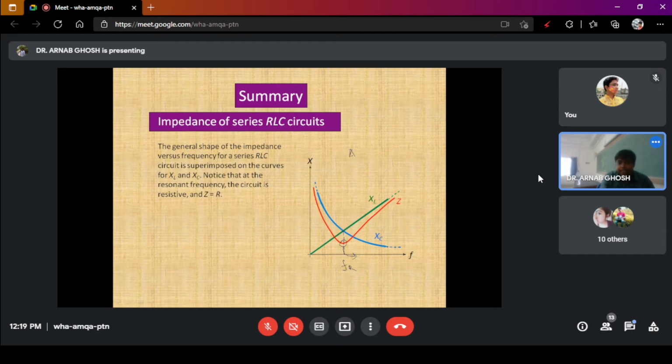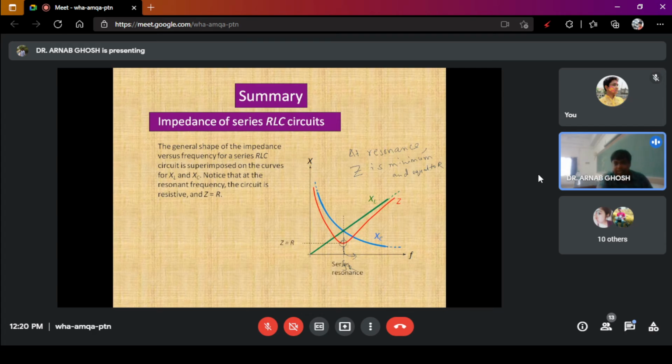So at resonance, Z is minimum and is equal to R. This is the point where Z is minimum and Z is equal to R. Notice that at the resonant frequency, the circuit is resistive and Z is equal to R.